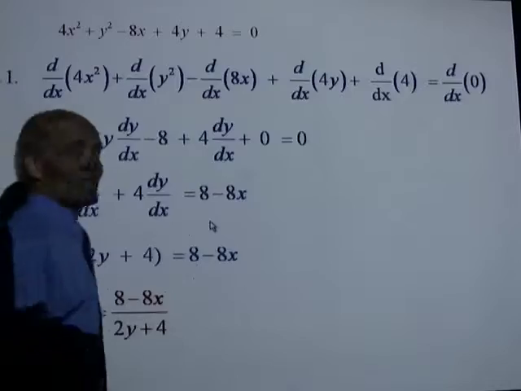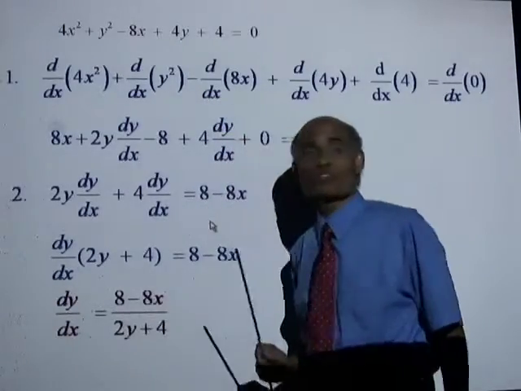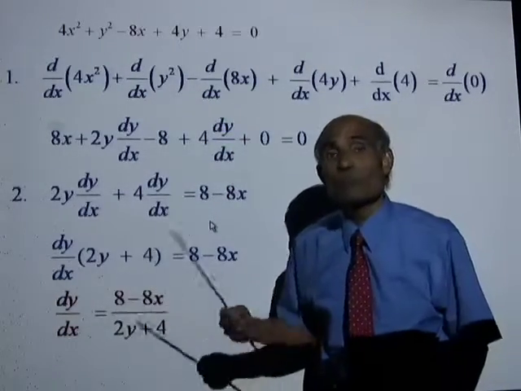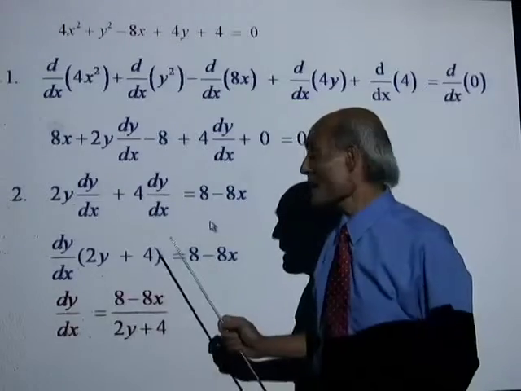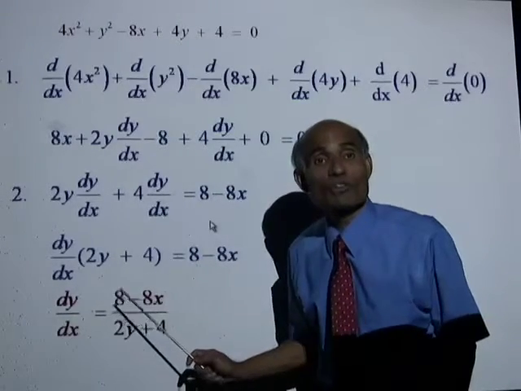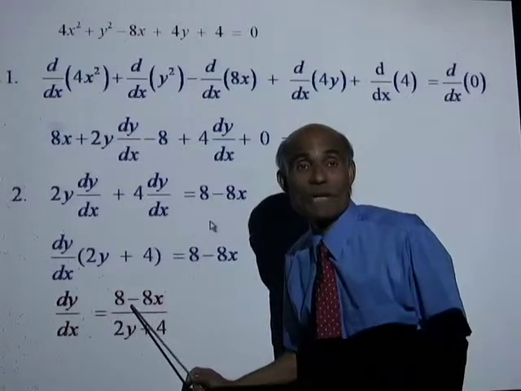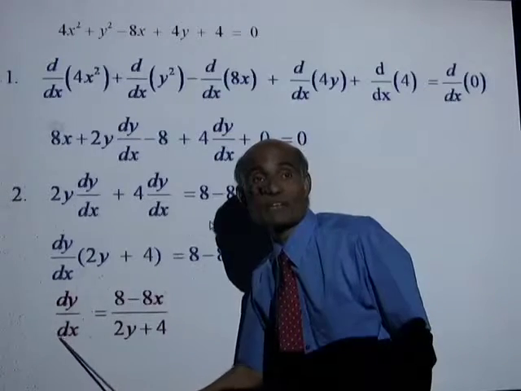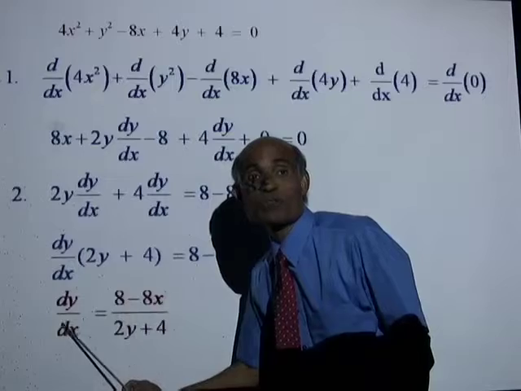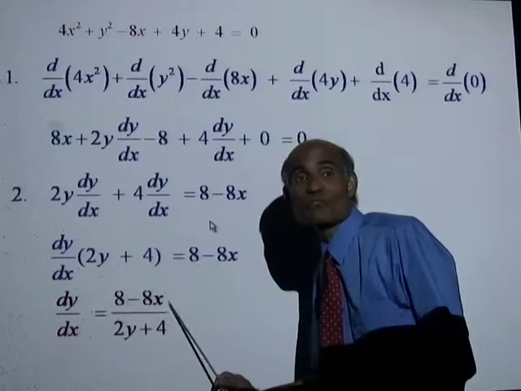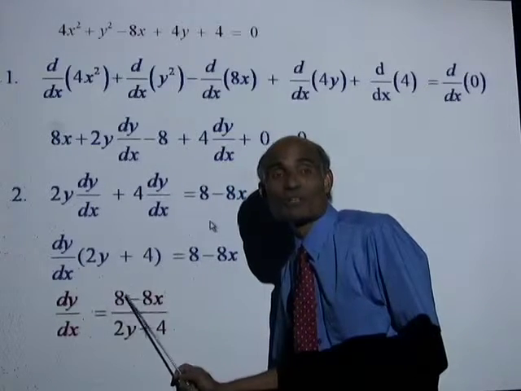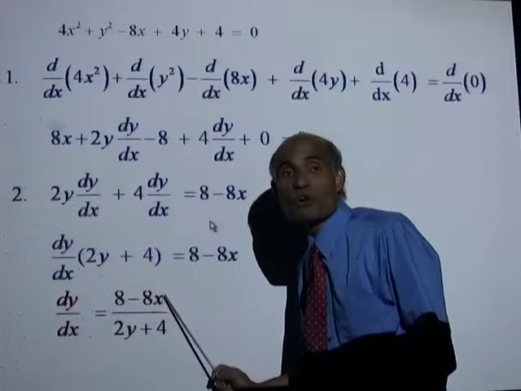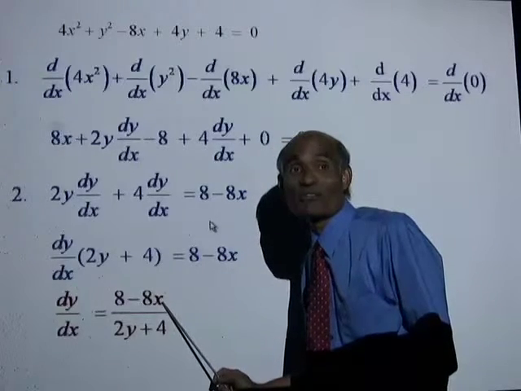And can you deal with this now? Can you find the points where you have a horizontal tangent line from here? For a horizontal tangent line, dy by dx will be 0. That means the numerator of the expression will be 0. So put this equal to 0 and find the value of x.